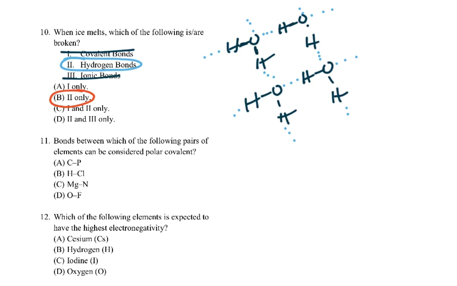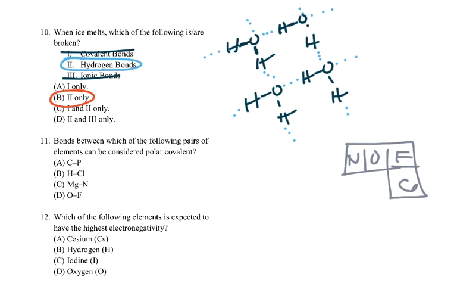Number 11, bonds between which of the following can be considered polar covalent? You've got to remember those 4, that's the key: N, O, F, and Cl. If you have two from that group, or two not from that group, and they're nonmetals, that's nonpolar covalent.